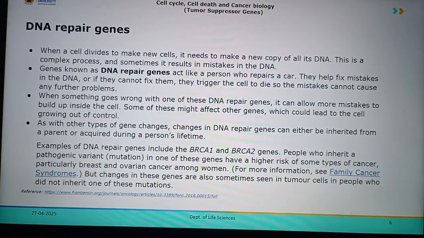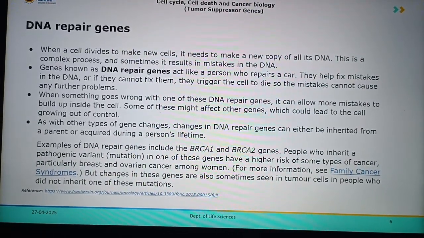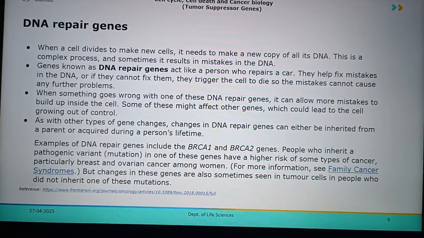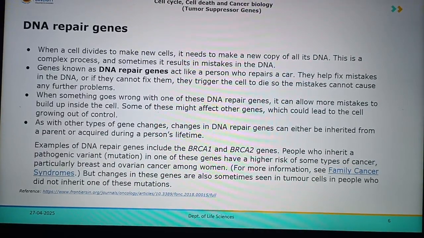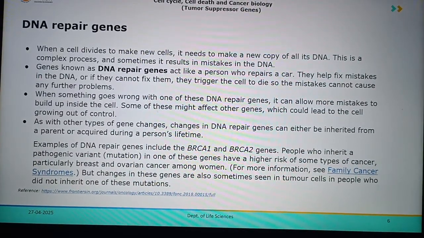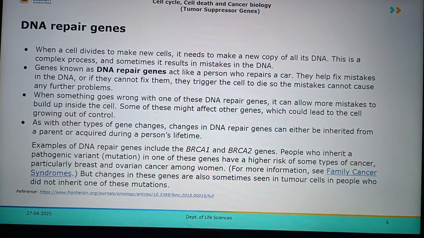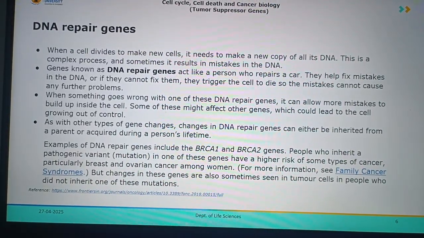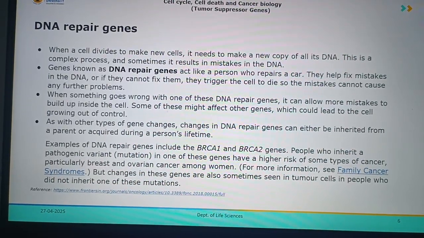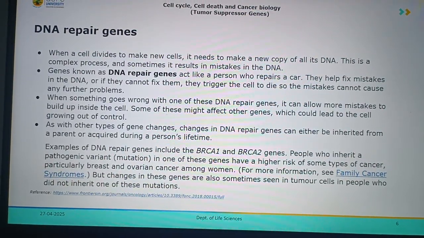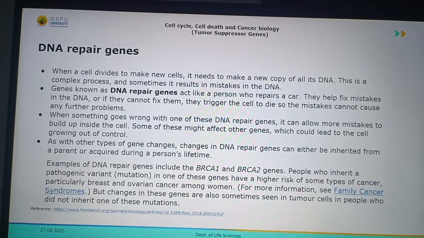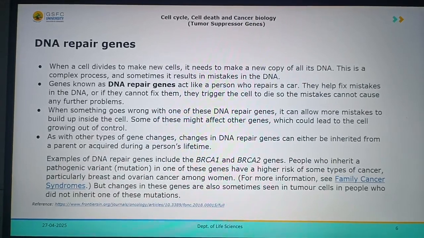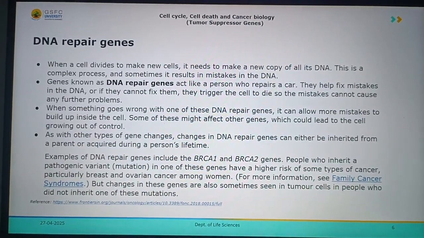People who inherit a pathogenic variant or mutation in one of these genes have a high risk of some types of cancer, particularly breast or ovarian cancer among women. For more information, see family cancer syndromes. But changes in these genes are also seen in tumor cells of people who did not inherit one of these mutations.